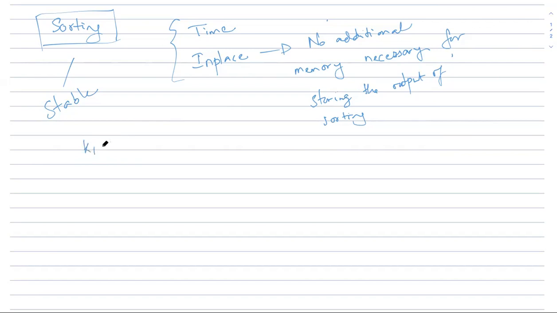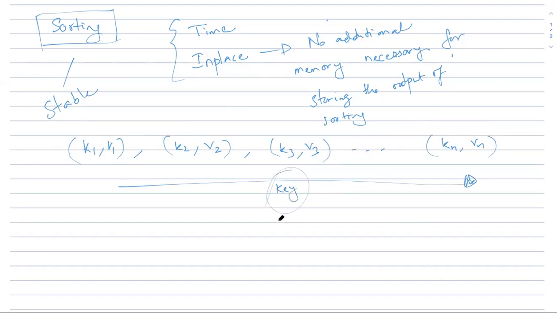And so if your entries are coming in as key K1 value V1, then K2 value V2, K3 value V3, in this way you have, let's say, n entries coming in. And you are interested in sorting with respect to the key, right? Now, it may happen that some of the keys are the same. So let's say you have K2 equal to K3.